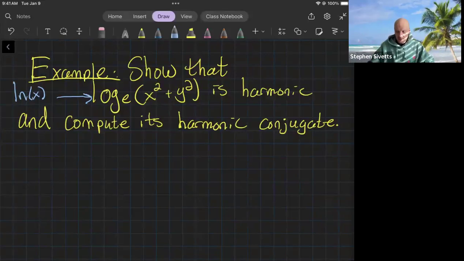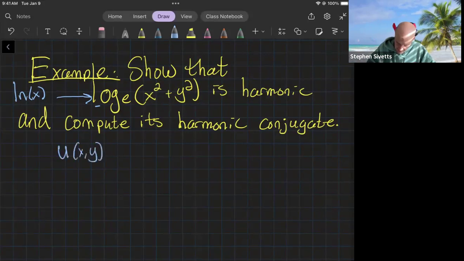So we're assuming that u of xy is log base e of x squared plus y squared.